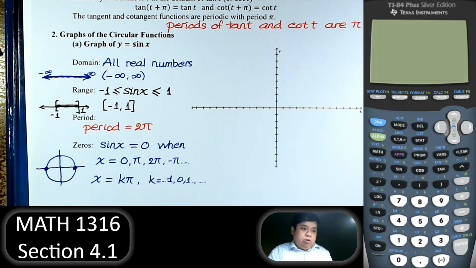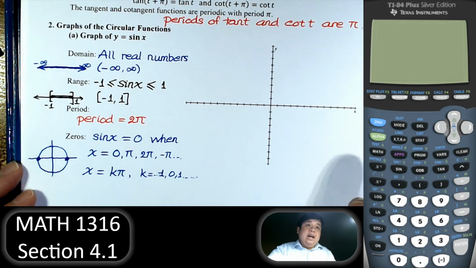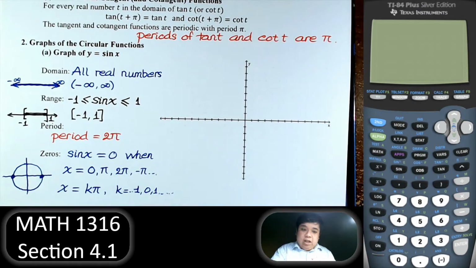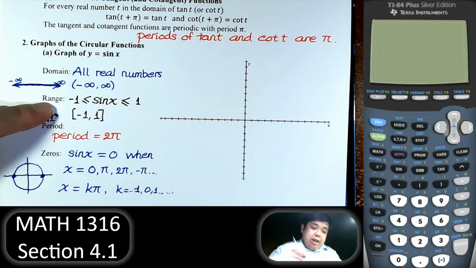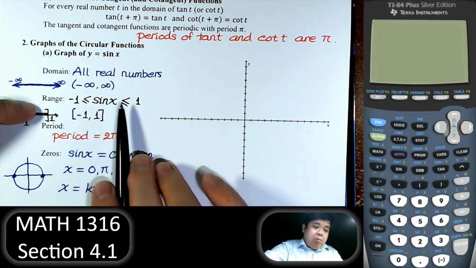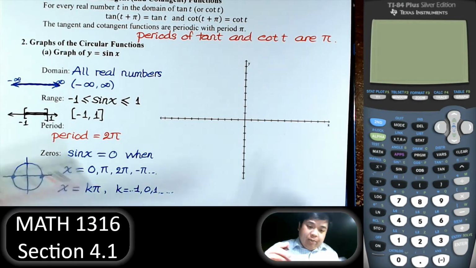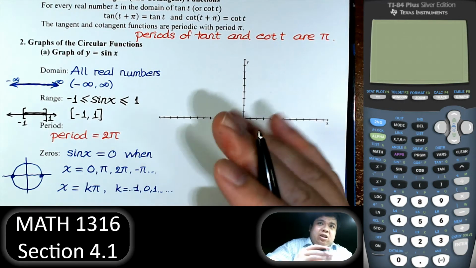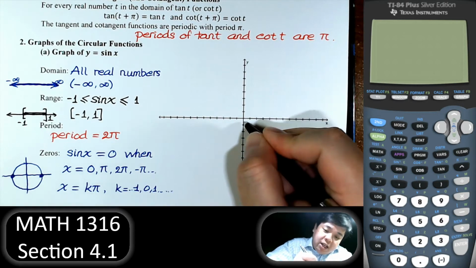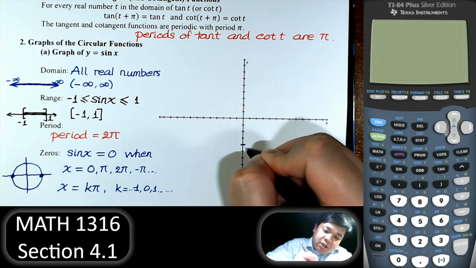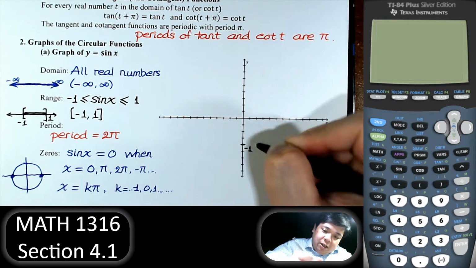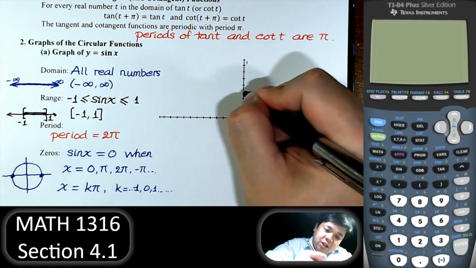A few things that we need to know. So with this, let's put it together in the graph. First, the range is between -1 and 1. So the y values is between -1 and 1. The scale, I'm not going to focus on that. Let's say 1, 2, 3, 4, this is -1, and 1, 2, 3, 4, this is 1.